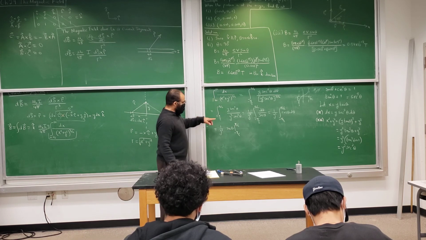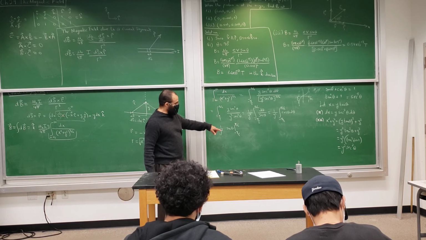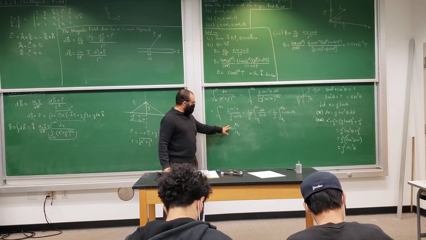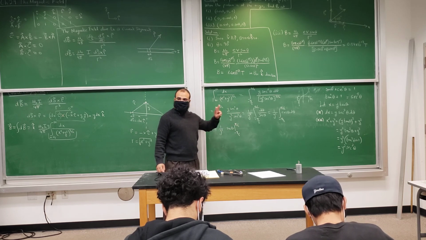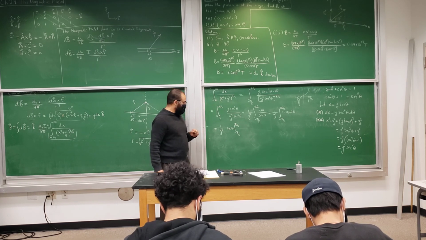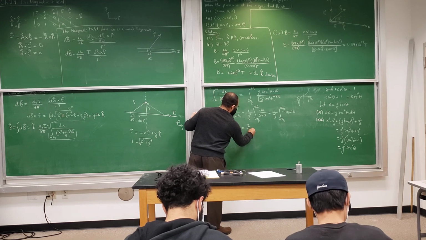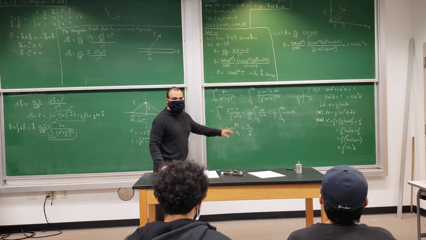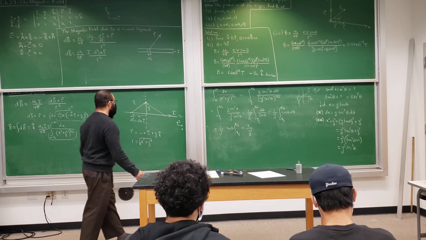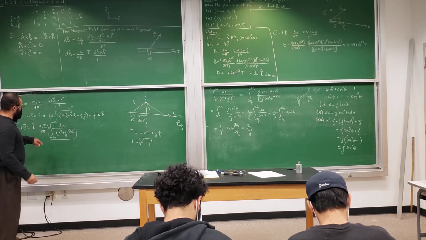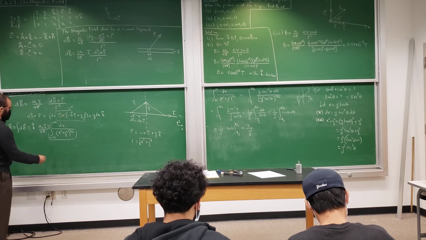Sine of pi over 2 is 1, sine of minus pi over 2 is minus 1, so 1 minus minus 1 is 2. So all that became 2 over y squared. We're going to replace this by 2 over y squared and see what we get.